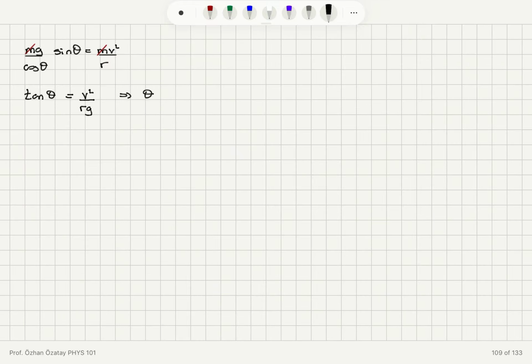So the angle theta with which we should tilt the road is tangent inverse of v squared, the square of the designated speed, divided by the radius of the circle and the gravitational acceleration g.